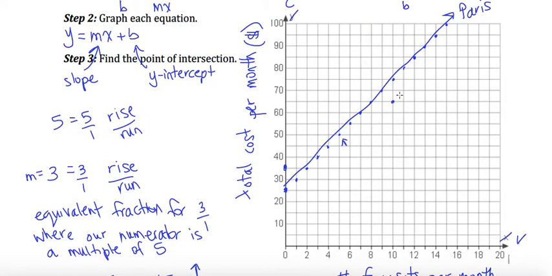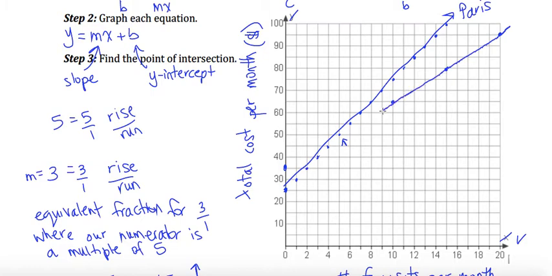I'm going to go up 15, so 5, 10, 15, and go over 5: 1, 2, 3, 4, 5. Can I go up one more? Yes. 5, 10, 15, over 5: 1, 2, 3, 4, 5. So same slope, but it's easier for me to sketch it on my graph in multiples of 5.